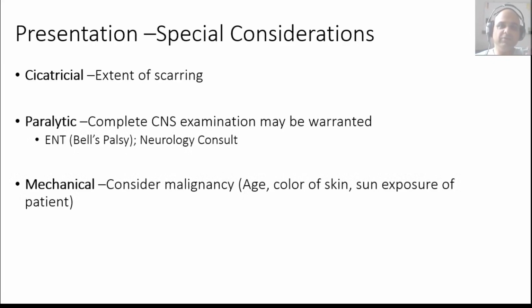For mechanical, you need to figure out whether this lesion that is causing the ectropion is malignant or not. So you take the age of the patient, the color of the skin, the sun exposure, all of these things into account, because most skin cancers are associated with Caucasians, i.e., individuals with relatively low or less amount of pigmentation, old age, and with those with excessive sun exposure.